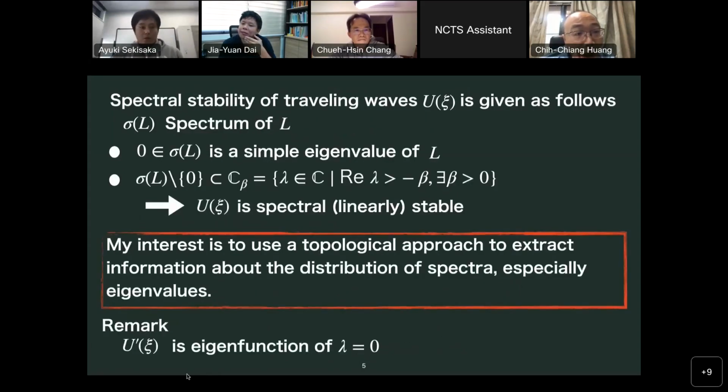To show that the traveling wave is spectrally stable, we need to show the following two conditions.